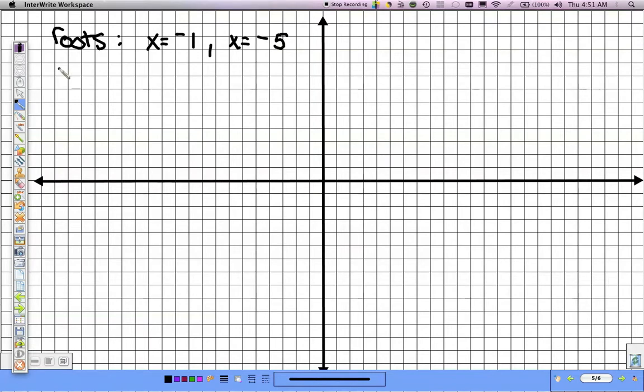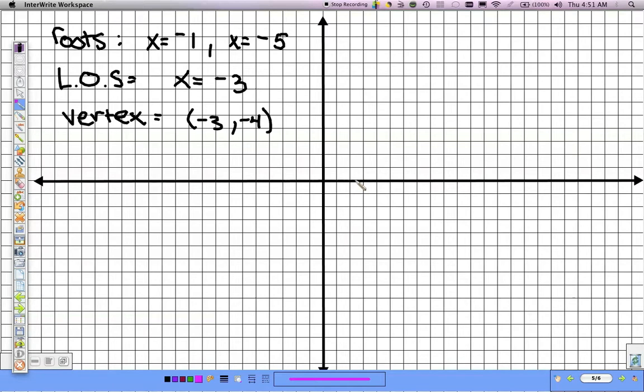I know that my line of symmetry is x equals -3, and I know that my vertex, my turning point in the graph, is the point (-3, -4). So now I just want to take all of that information and graph those points, and I want to start using that to actually graph what this equation looks like.